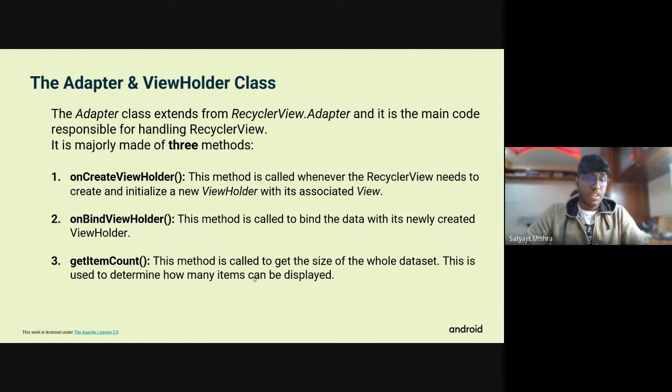The first one is onCreateViewHolder. Like I said, the view holder class contains the layout of each item in the list. So whenever a new view holder needs to be created, like when I said that once an item goes off the screen, it will be recycled to create a new view holder, the adapter calls the onCreateViewHolder function, and it will just define the layout of what each item looks like.